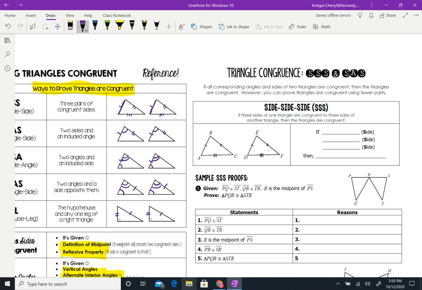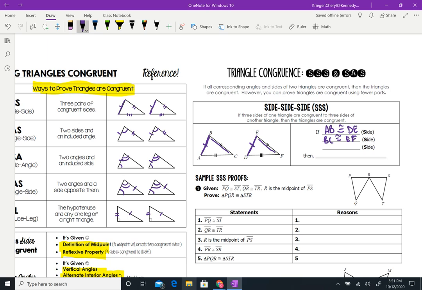So let's see. If AB is congruent to DE, and we have side BC congruent to EF. So BC is congruent to EF, right?